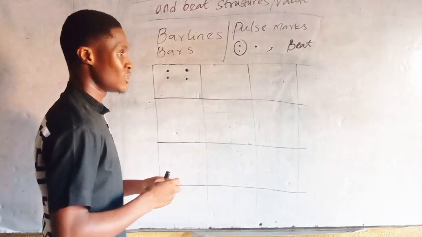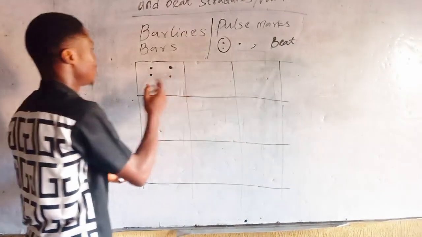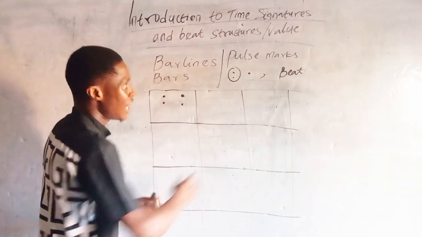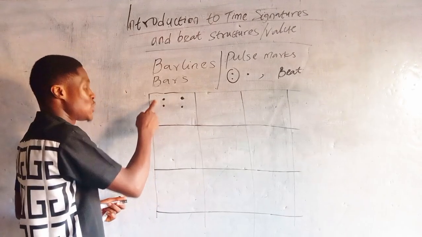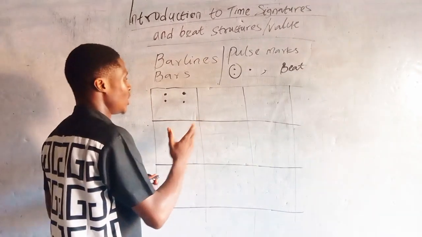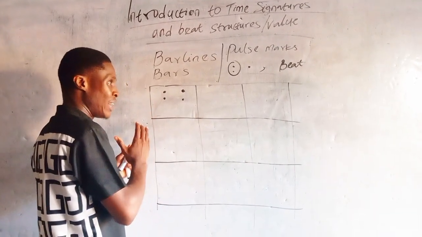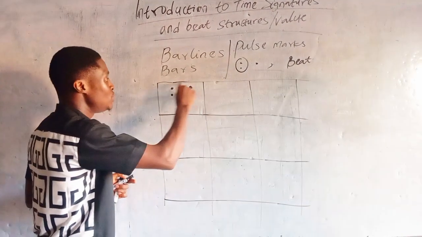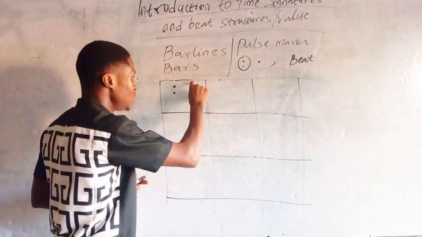So the pause mark divides a bar into bits, and a bit is a space between a pause mark and a bar line, or between two pause marks. So this is not a bit. This is not a bit.